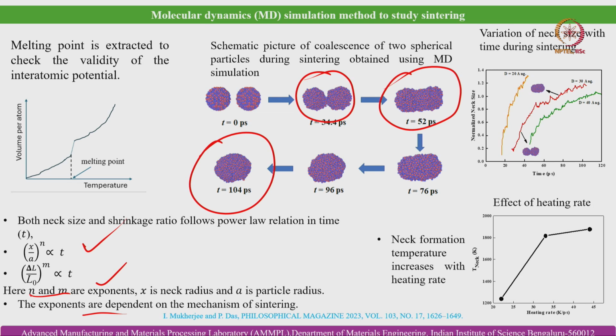You see here also that with increasing time the neck size also increases, and the neck size is higher in the case of a smaller powder particle, and reaches a higher value at a lesser time. In the case of smaller powder particles, like the 20 Angstrom particle, it is much faster.